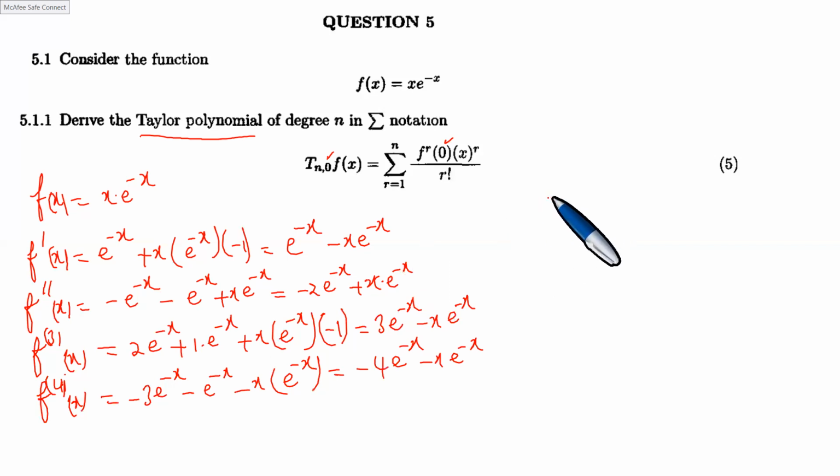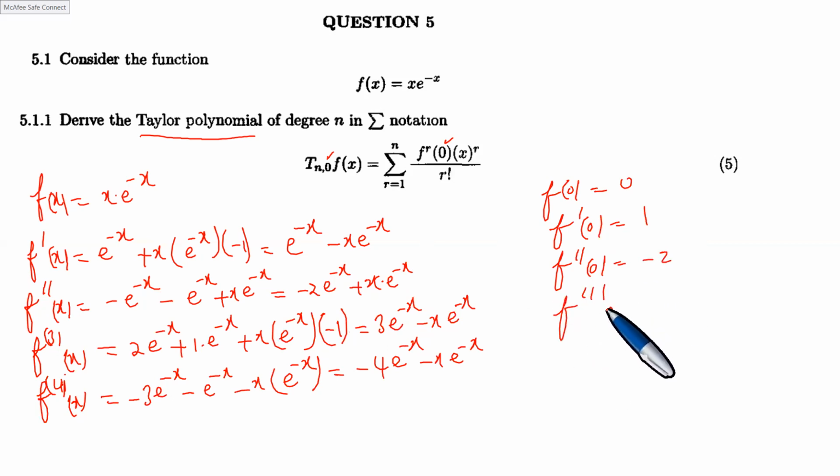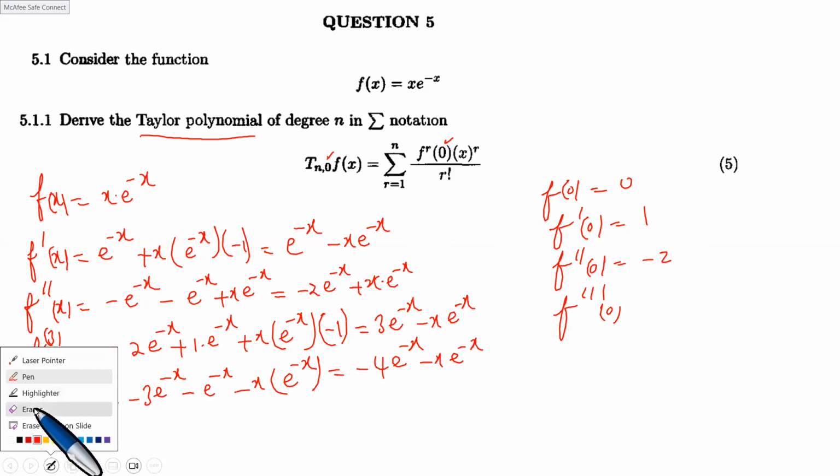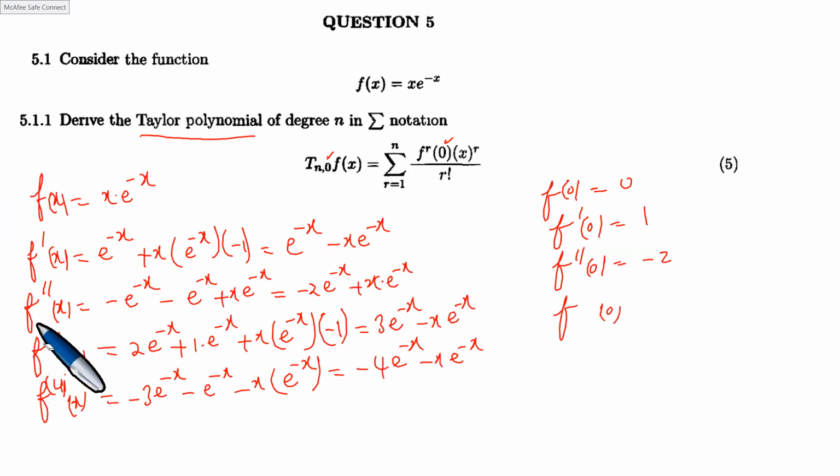Right, from this we're able to get f at 0 is 0. F prime at 0 is 1. The double prime at 0 is only going to be minus 2. The third derivative, you can write the same notation here. I've put it through on top here, so I'll maintain that, right, for consistency of the notation, so it is 3 here.